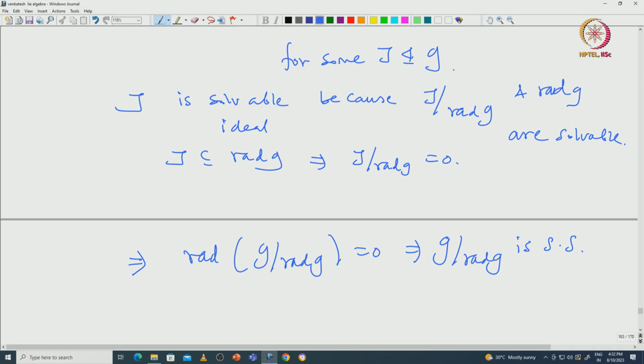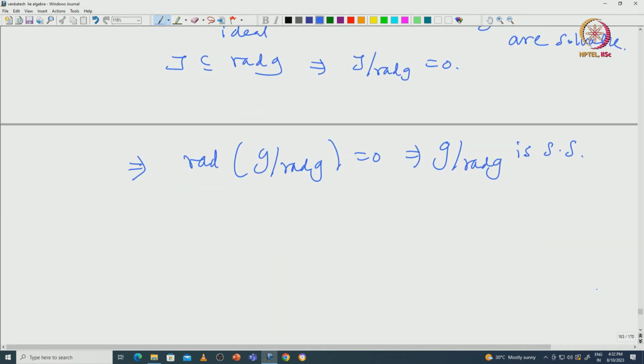Now, this way of argument gives us some easy characterizations of semi-simple algebras. Let me state it as a theorem.